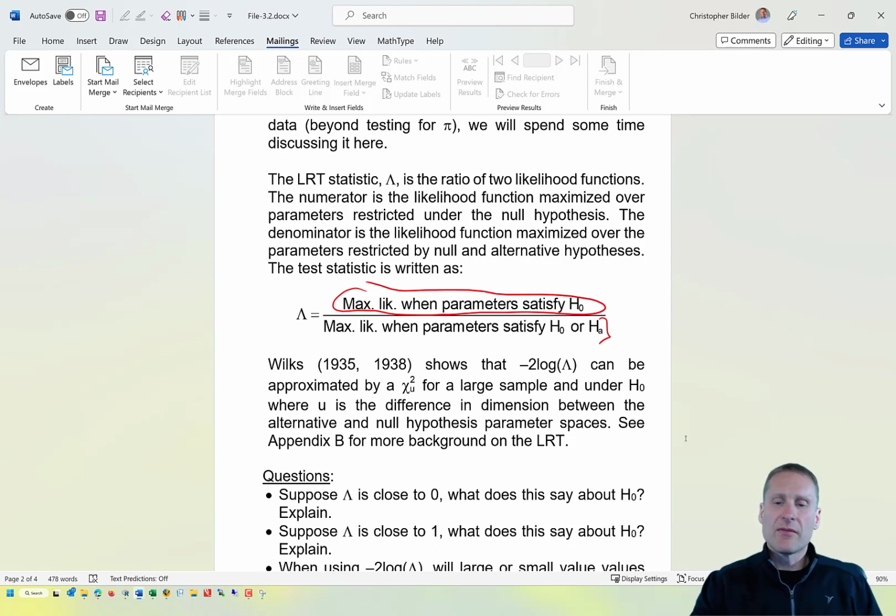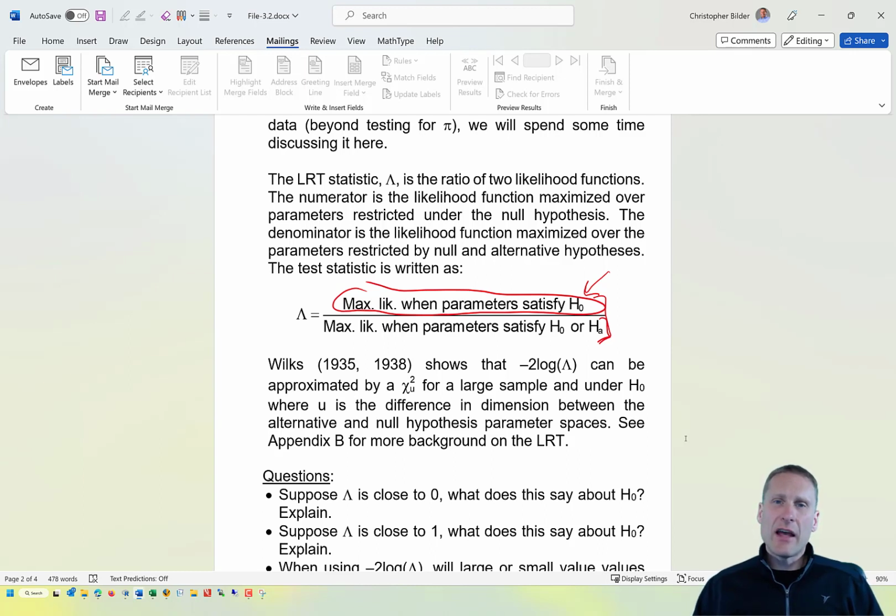So in this particular case, if let's say pi is very, very close to 0.4, if I'm testing 0.4 versus not 0.4, then I would expect the maximum possible value that the likelihood function can take on in that case to be very similar to what I get if I allow us to have the alternative hypothesis to be true. In other words, the numerator should be very close to the denominator because both times we have plausible values of pi. And so if the numerator is close to the denominator, that means I'm going to have a ratio that's about 1, so lambda is going to be about 1.